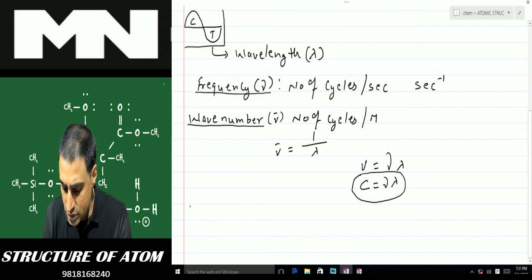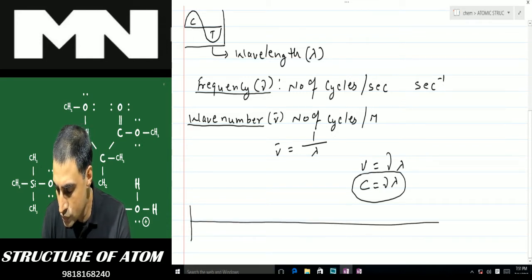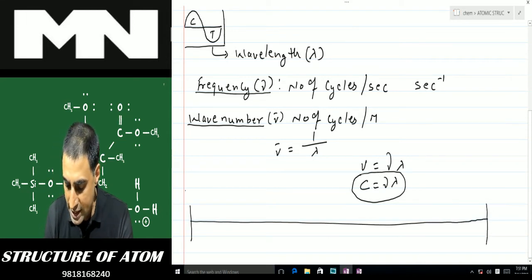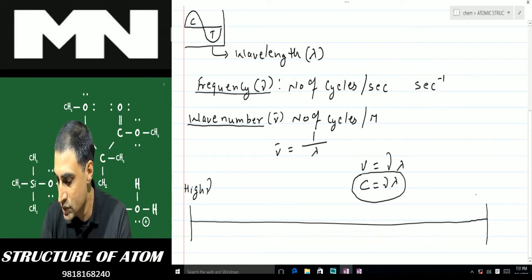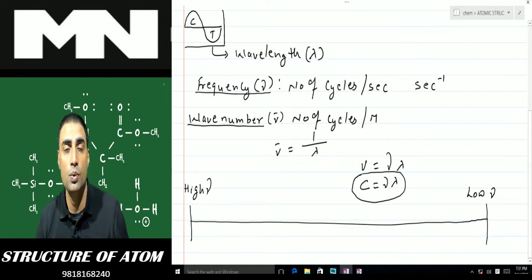Now suppose here I'm going to show you those radiations. Here I have high frequency and here I have low frequency. All radiations which have a higher frequency will have higher energy.